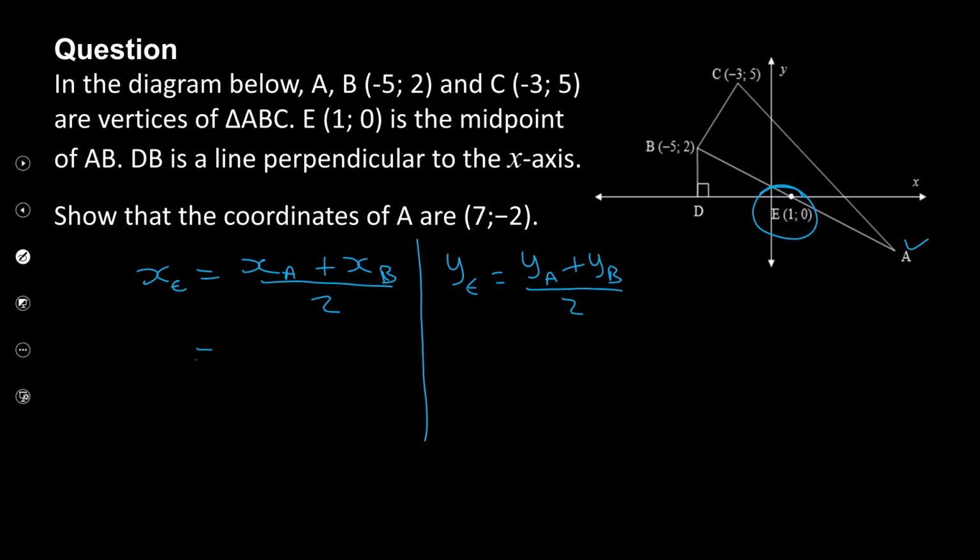Then x at A will be just x because we don't know it, x at B will be -5, all divided by 2, and x at E we know is 1.